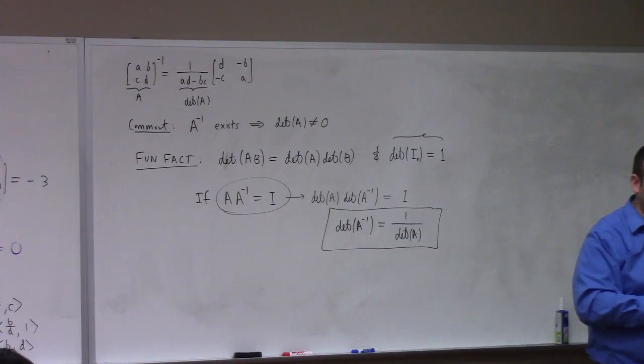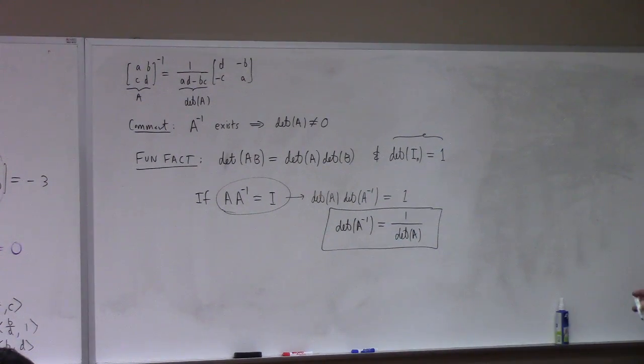So this is the relation between the determinant of the inverse versus the determinant of the matrix, provided the inverse exists, right? You notice that if the inverse doesn't exist, what does the determinant of A have to be? I mean, I'm being a little bit illogical here.